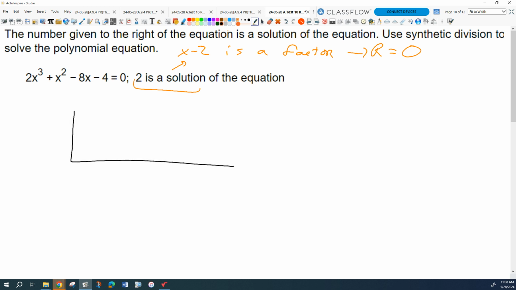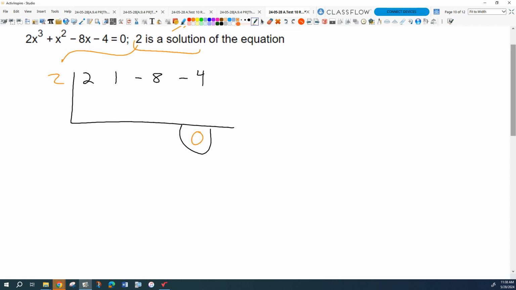What are the coefficients I put in the top row? What goes out front? 2. Right, because 2 is a solution. What's the remainder? 0. So now I just do synthetic division to figure out the smaller polynomial we get when we divide.